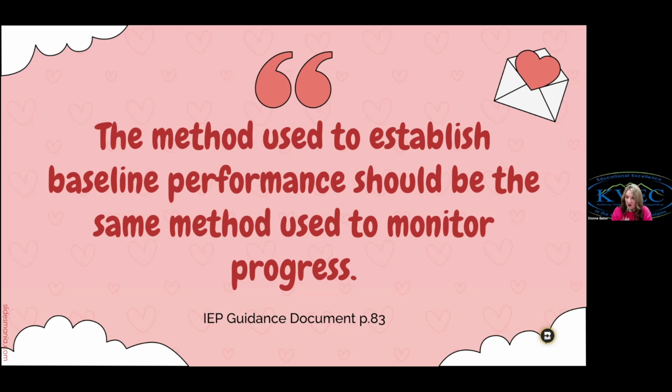Sometimes we write a reading goal for basic reading skills, or for letters and sounds, but then we use probes that measure fluency, right? Sometimes we choose fluency because it's something we can quickly and easily measure. That's why we have to spend time thinking about what we're going to use to measure that baseline, and then how we're going to continue to use that same one.